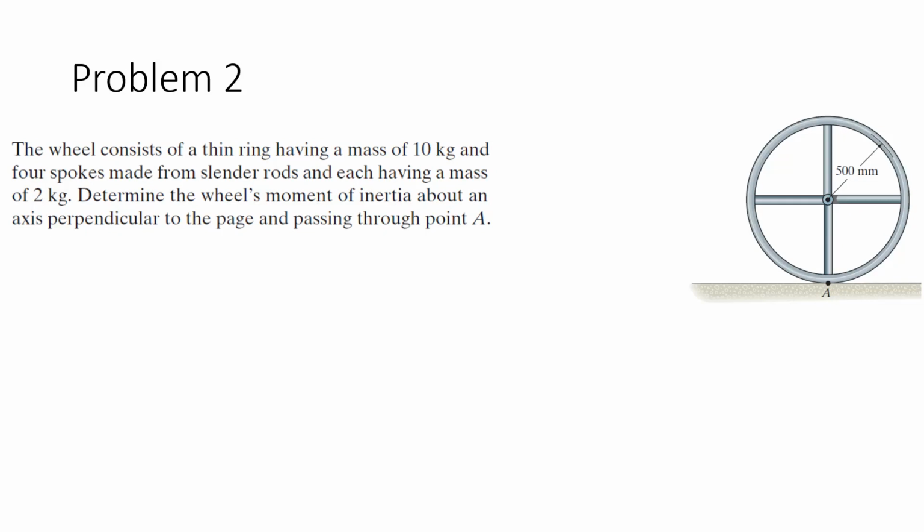Okay, so we have another problem on mass moment of inertia. The problem says that the wheel has a thin ring with a mass of 10 kg, and 4 spokes made from slender rods, each with a mass of 2 kg.